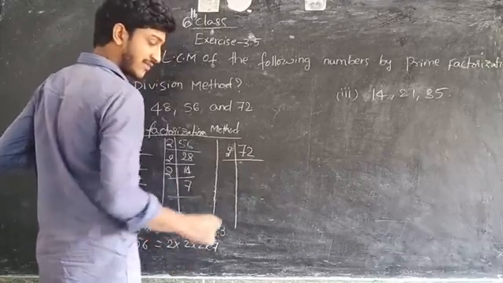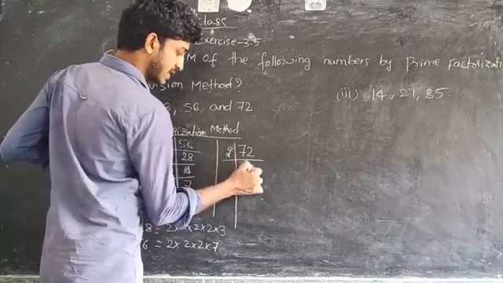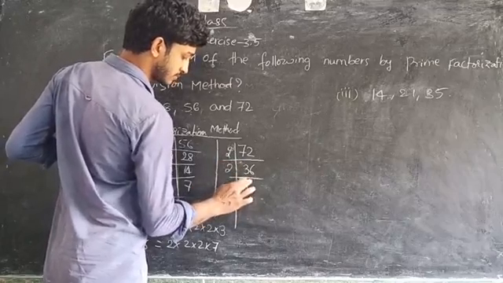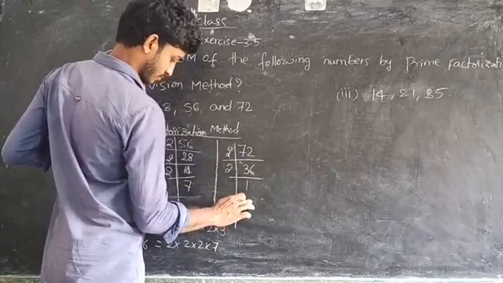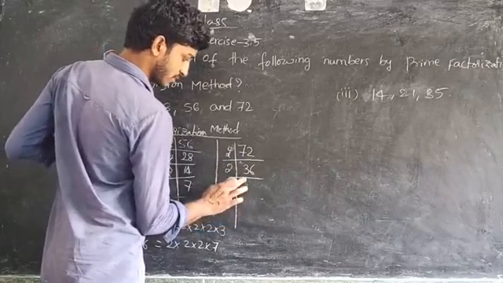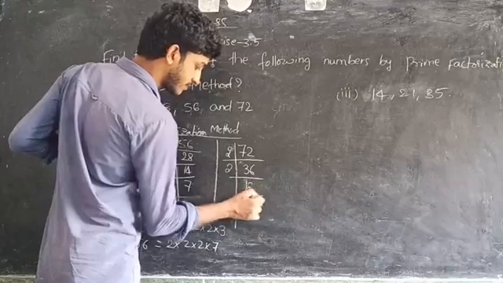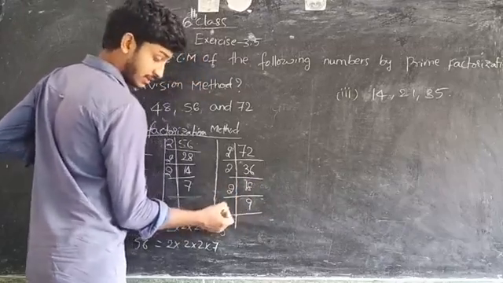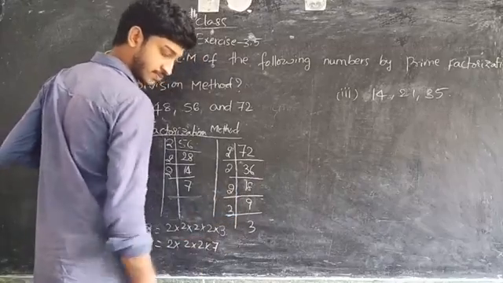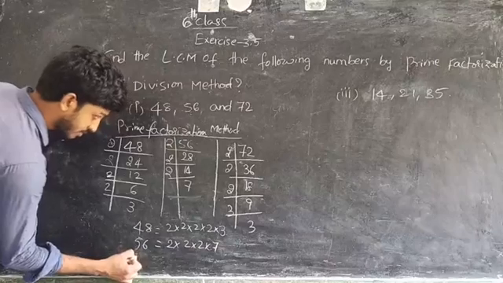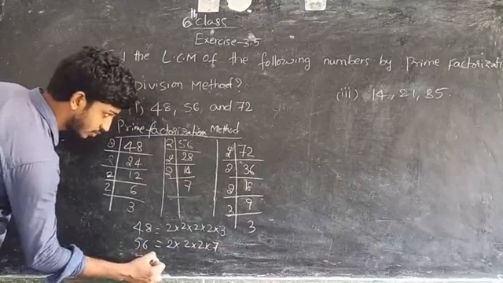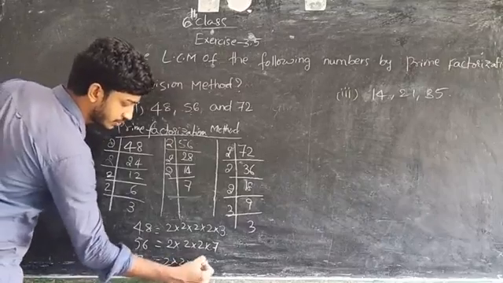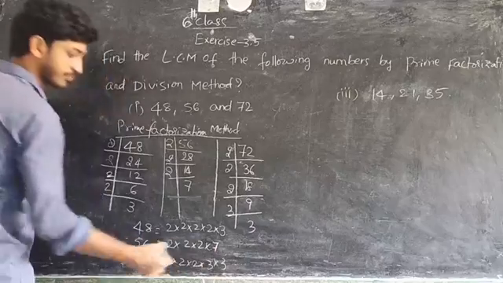In the 2 table, 72 is 2 times 36, 36 is 2 times 18, 18 is 2 times 9, and 9 is 3 times 3. See here, 72 is 2 into 2 into 2 into 3 into 3.